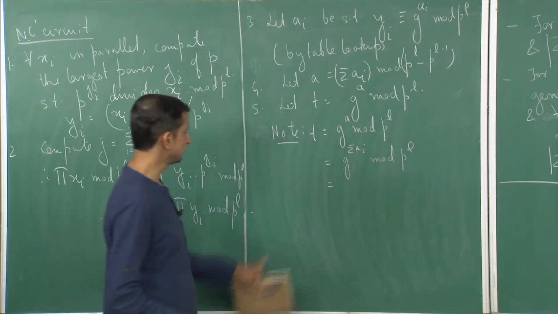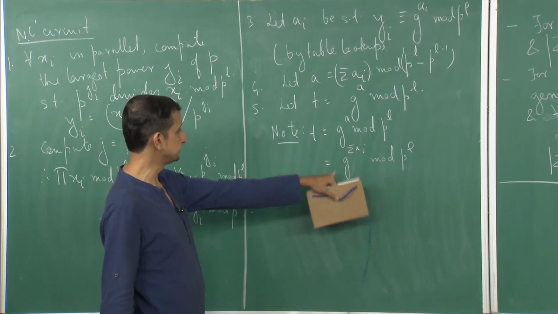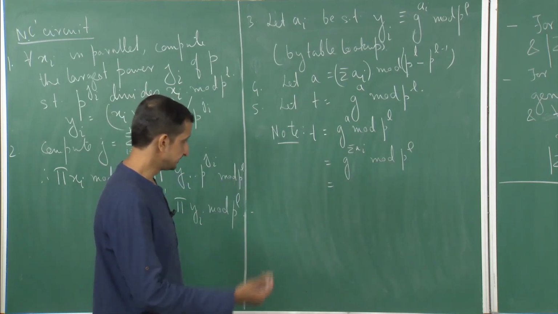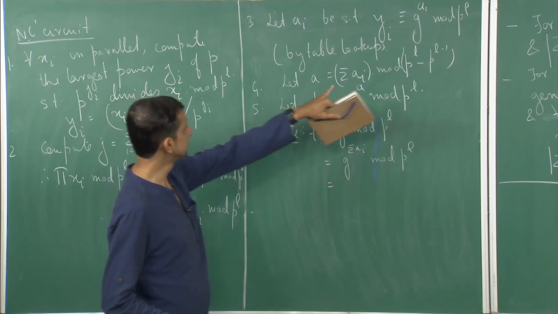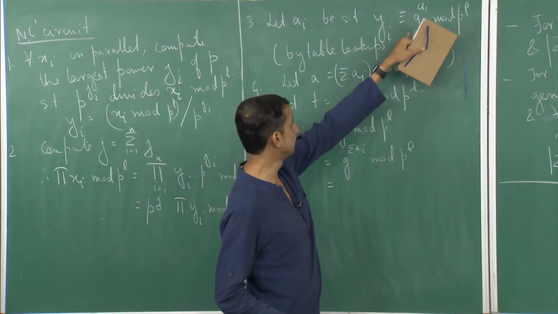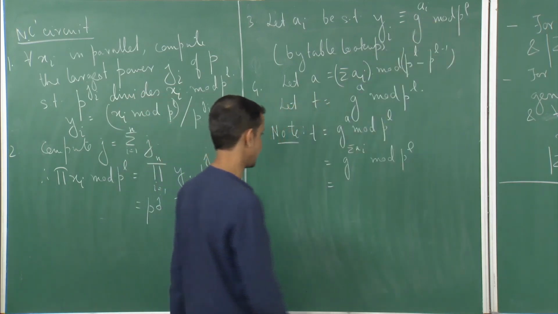Now what is g to the power sigma? g to the power sigma is the product of g to the power a1, g to the power a2 and so on. So what is g to the power ai? g to the power ai is nothing but yi.